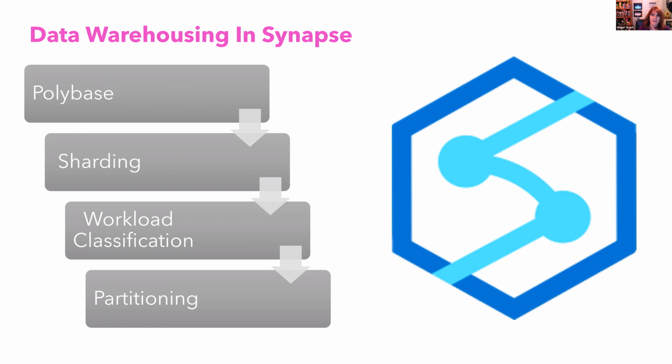You have that ability to pick and choose who you want to win in the resource game of how you want things to go faster. So that is another feature that was greatly enhanced when Azure DW went to Synapse. That is something that will help you improve performance by improving it for the right people or the right tasks.